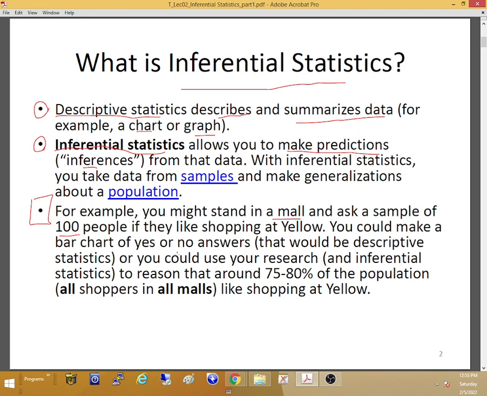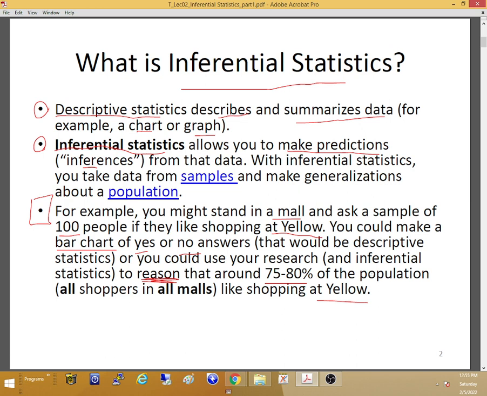So this is one form of your research. You can say that one form of your hypothesis is that 75 to 80% of the population like shopping at YOLO. So you can infer, or you can study this hypothesis also.